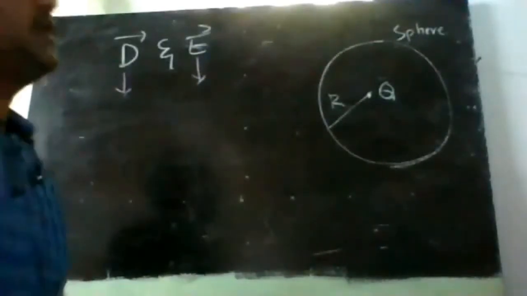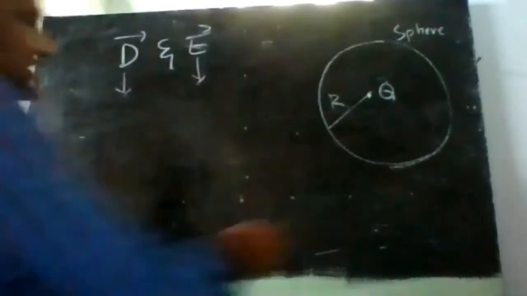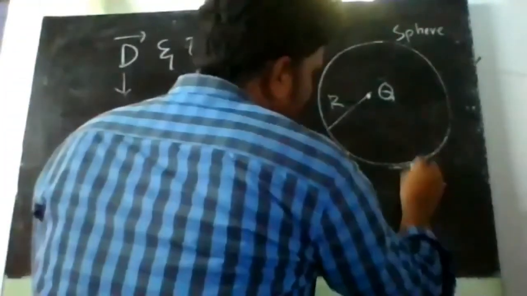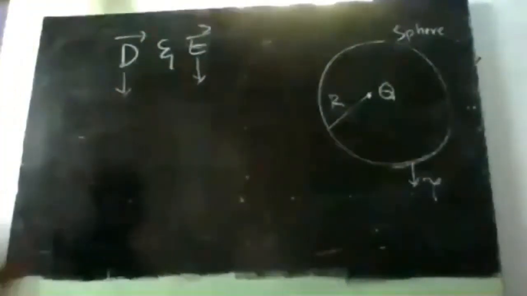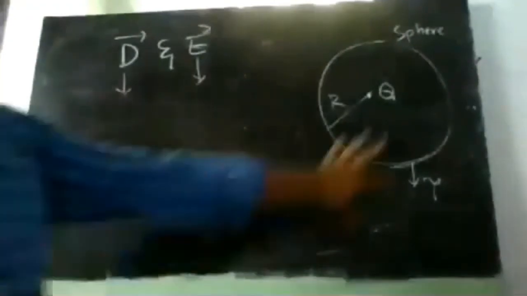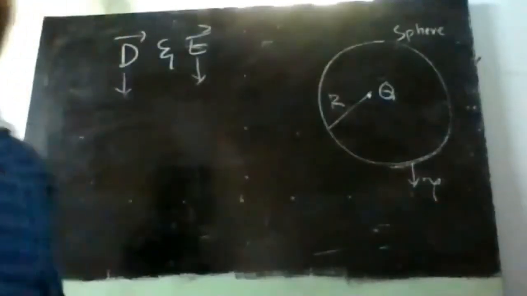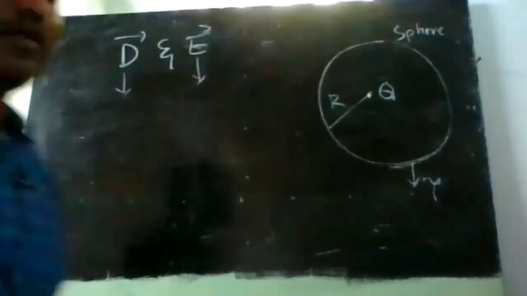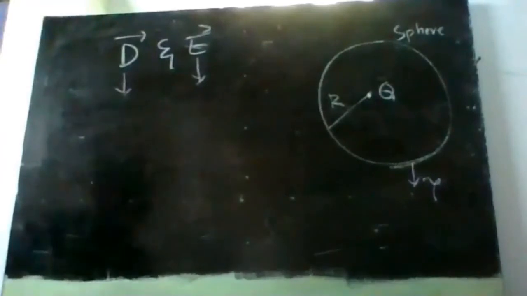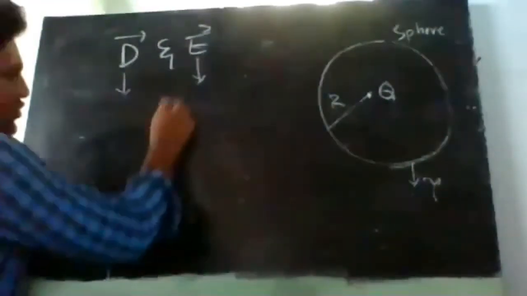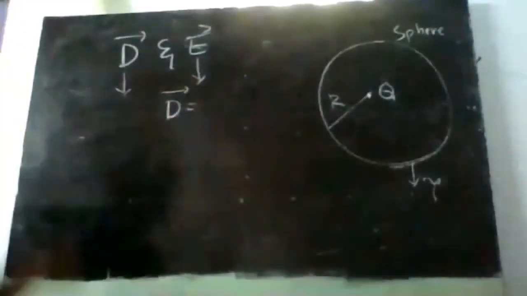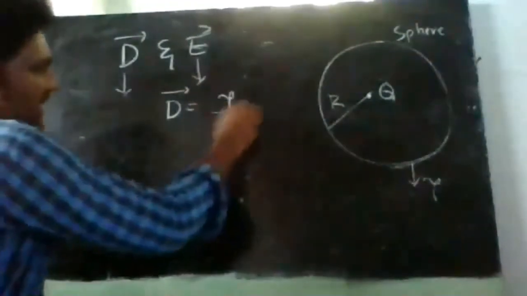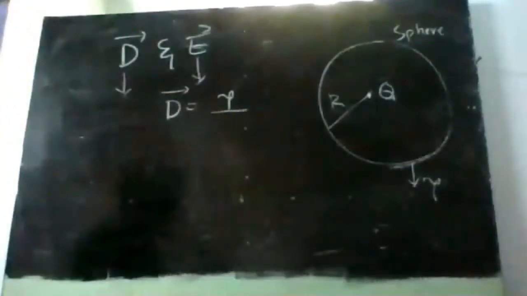Now let us assume that the total number of flux lines produced, the flux lines that come out of this entire sphere, is psi. So in such a case, the flux density D bar is equal to psi by, and what is the formula for D bar?